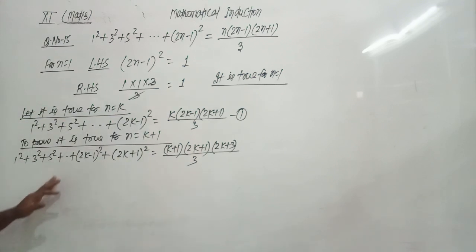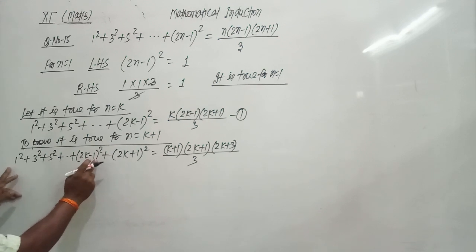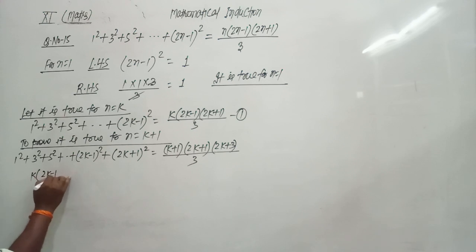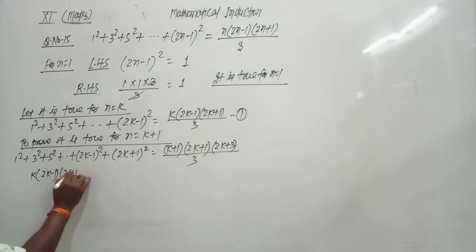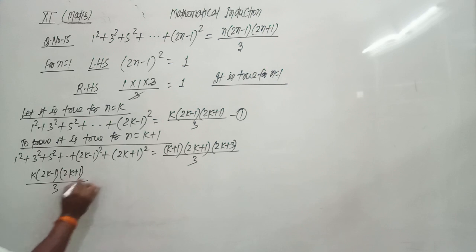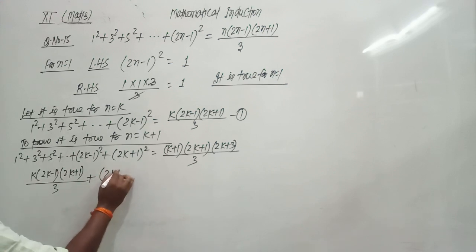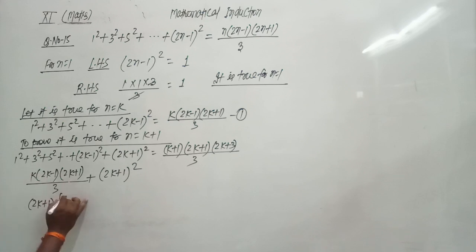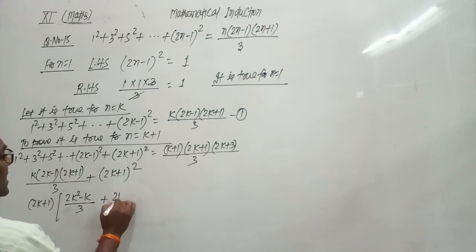Then we prove LHS equals RHS. From first numbered equation up to this term, we write k into 2k minus 1 into 2k plus 1 upon 3 plus 2k plus 1 the whole square. From these two terms, 2k plus 1 is taken common. Then here we get 2k square minus k upon 3 and 1 times 2k plus 1.